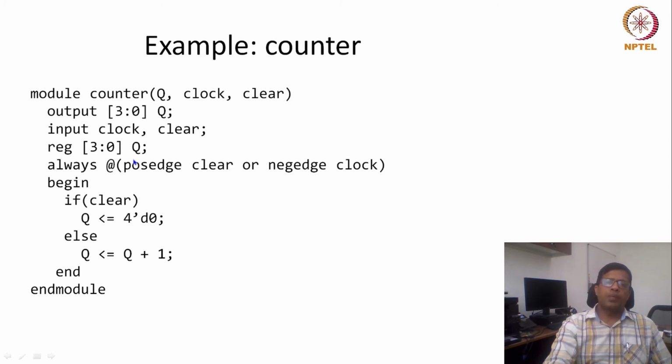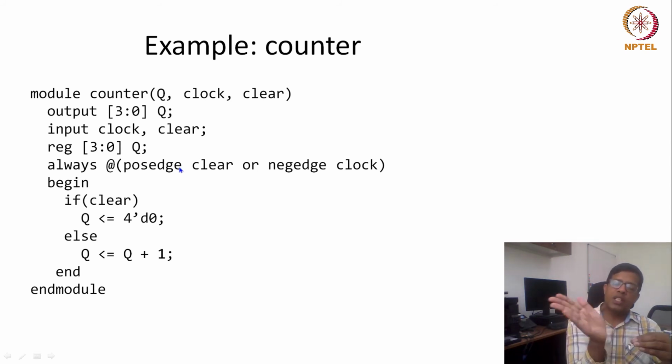Again, let's say that this particular counter will get triggered whenever there is a positive edge of clear, because my clear is actually active high. So I can say always at positive edge, because after the positive edge clear would be 1.